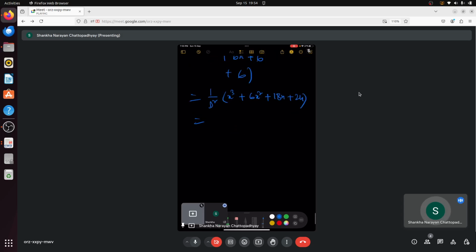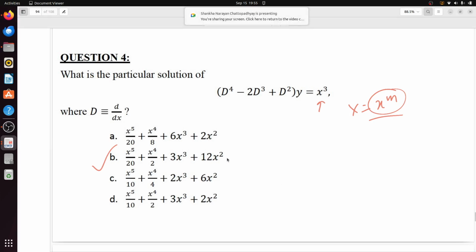If you apply the 1 by d square operator, you have to integrate each term twice, so that will give you x to the power 5 by 20 plus x to the power 4 by 2 plus 3x plus 12x square. So this is the answer.